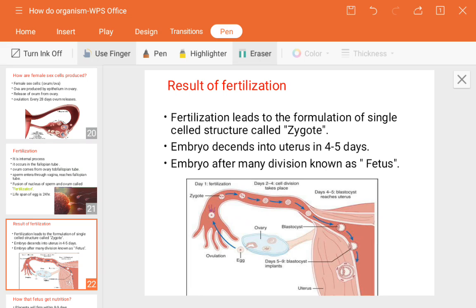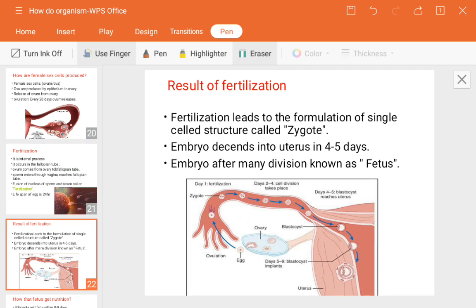Next, the zygote after many cell divisions implants into the embryo, and after many cell divisions it is known as a fetus. Don't get confused about which term comes first, the embryo or the fetus. The zygote will be there first, then the embryo will form 4 to 5 days after the division of the zygote.